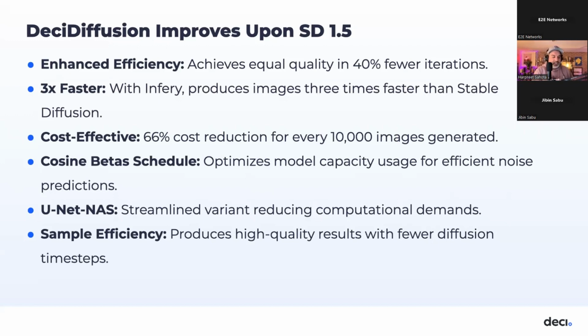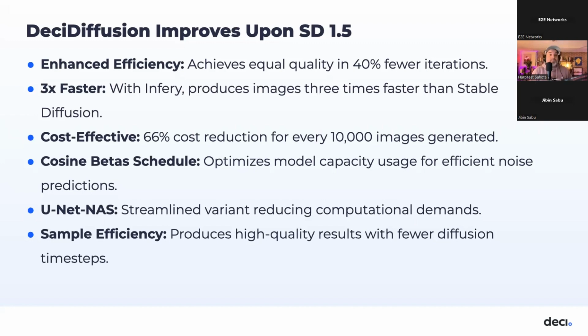And when we couple DeciDiffusion with Inferi, we get a huge increase in time savings and generation, 3 times faster, and we're able to produce high quality images more quickly. But this speed translates into actual cost savings. We're able to get a 66% reduction for every 10,000 images that are generated.